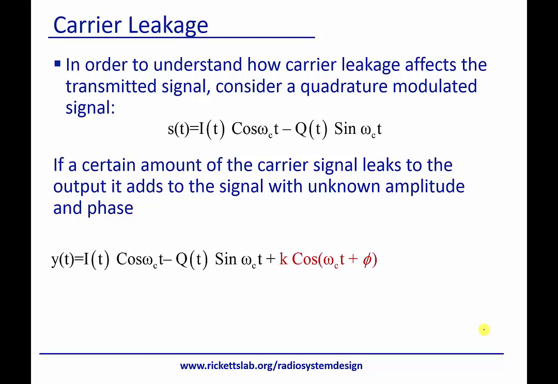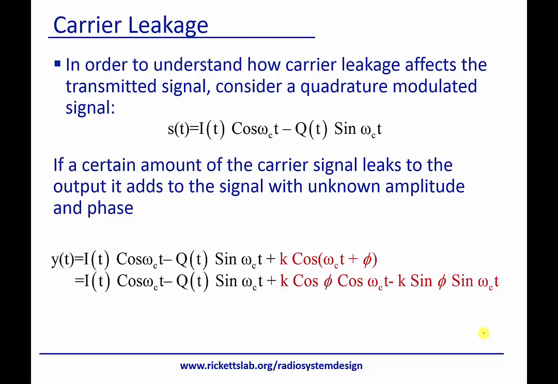So now what happens if a certain amount of carrier leaks to the output? What we've done here is we've just added some factor K of our carrier and a small phase difference. So here we have our Q modulated signal, our I modulated signal, and this is just a single tone of the oscillator.